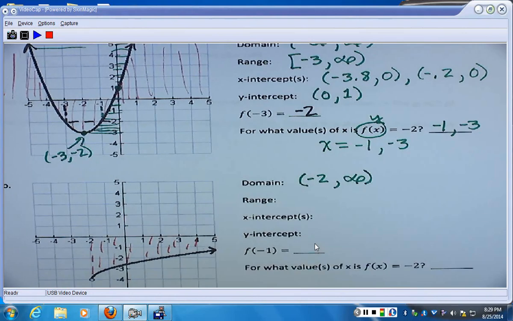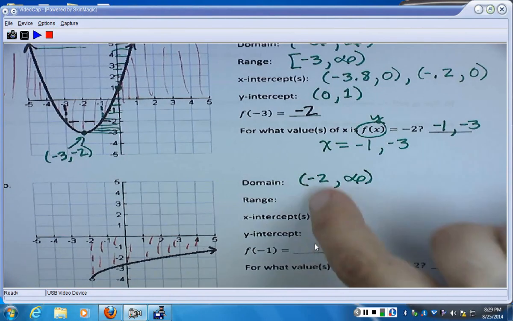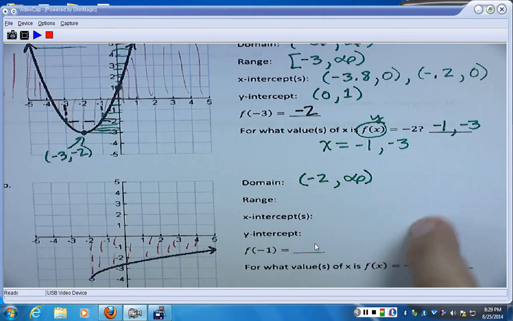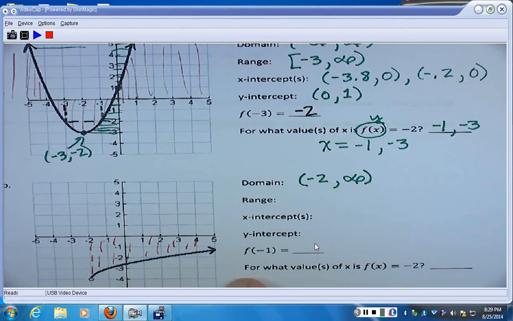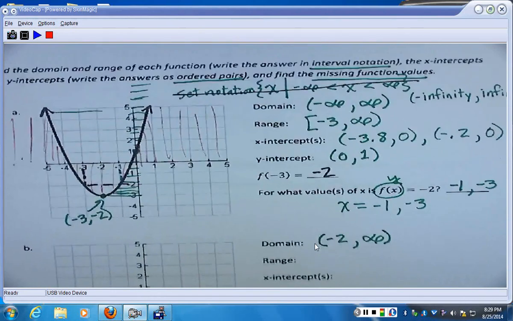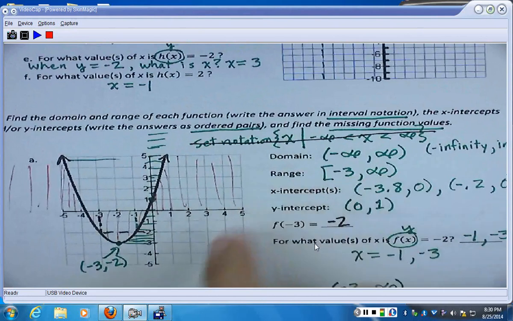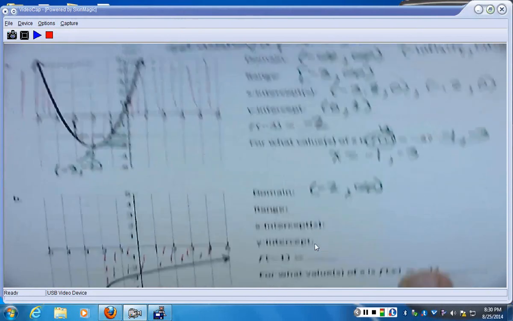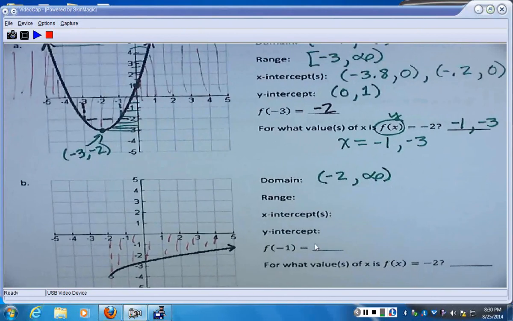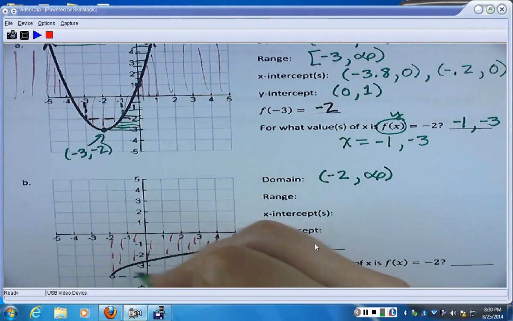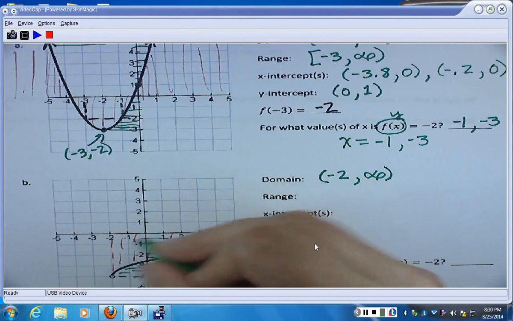Now the other thing you need to remember is when you're doing interval notation, smallest number, largest number, left to right on the graph. So don't tell me that the range up here was infinity, comma, negative 3. You'll be counted wrong in my math lab when you do that. Okay, and then the range is what? Project this.